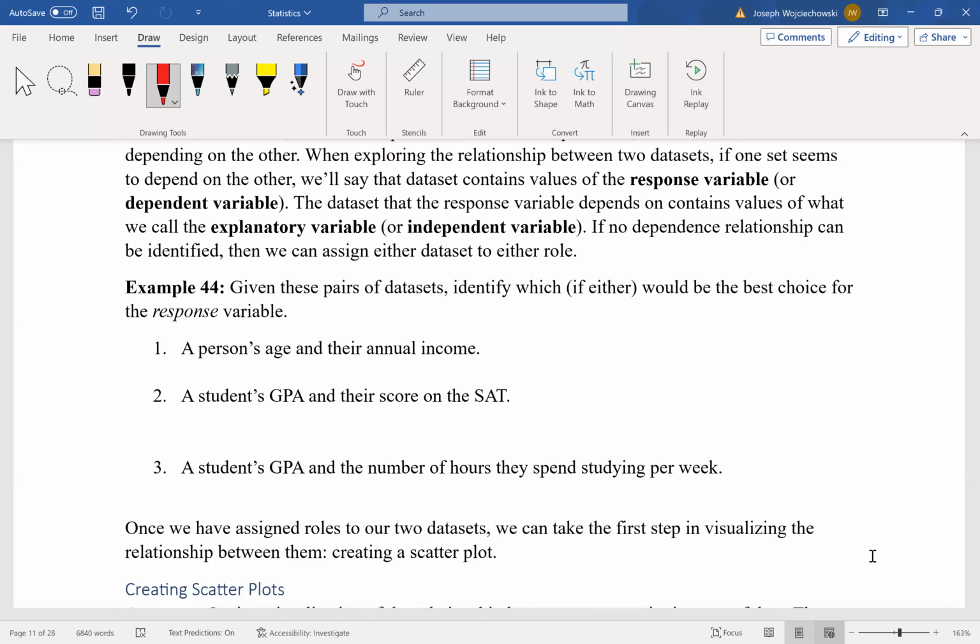A person's age and their annual income. Well, the older you get, you tend to make more income, to a degree. So that's probably what they're looking for, annual income. But think about this.